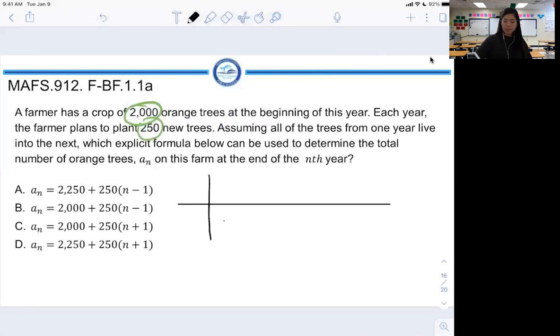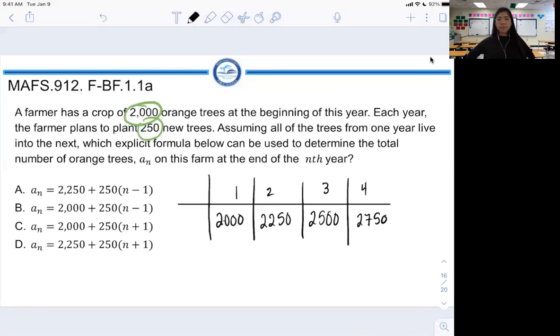So my first one is I start with 2,000. That's year 1. How many does he have in year 2? 2,250. You keep adding 250. So again, it just keeps growing. Okay, so that's the pattern.